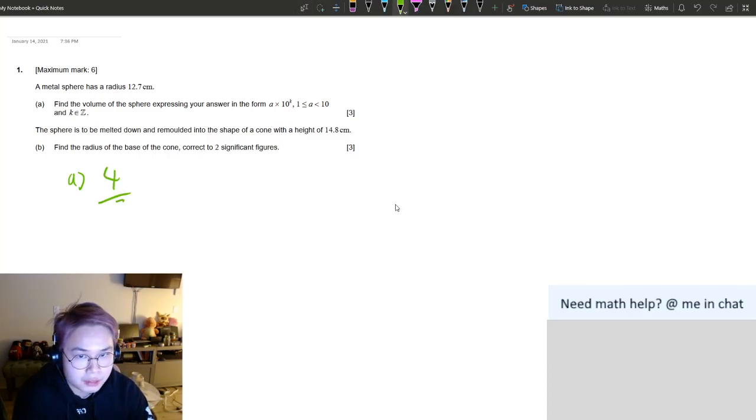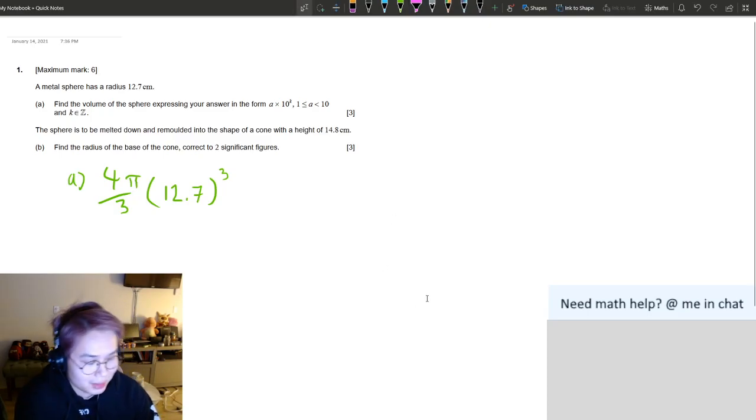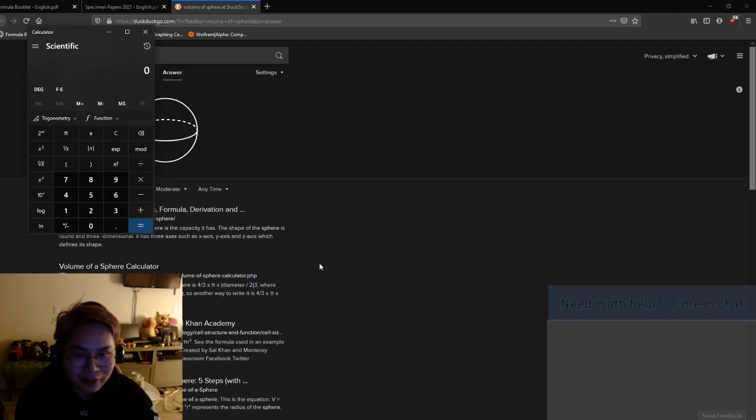Alright, so 4 over 3 r cubed, and there's also a pi in here, and then you just put this into a calculator. It's like not even fun. So 4 divided by 3 times 12.7 times another 12.7 times a third 12.7 times pi. Where's my pi button? Here it is. Okay, 8,580.